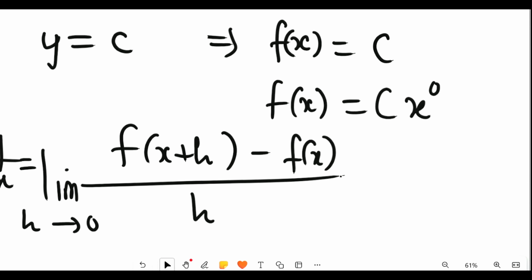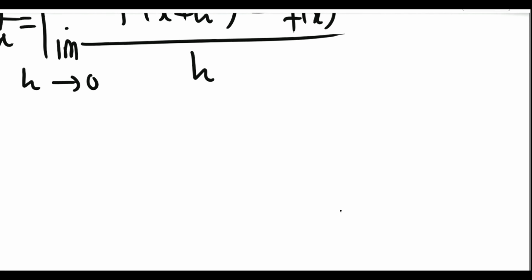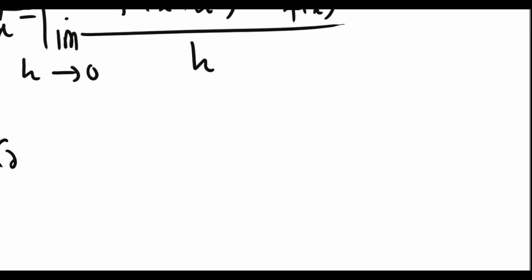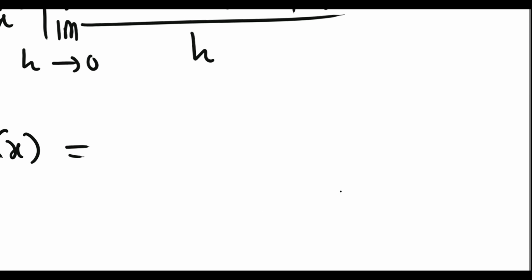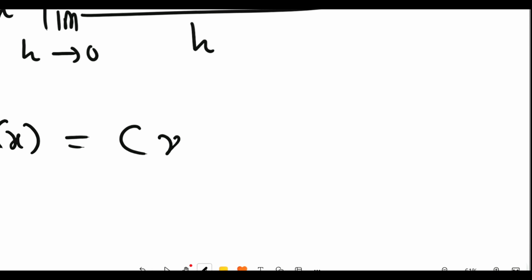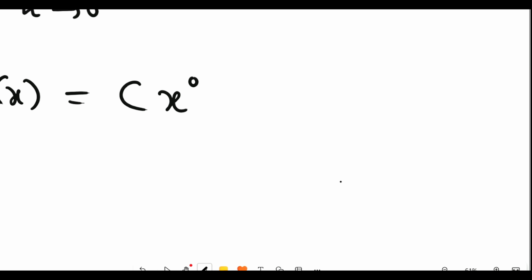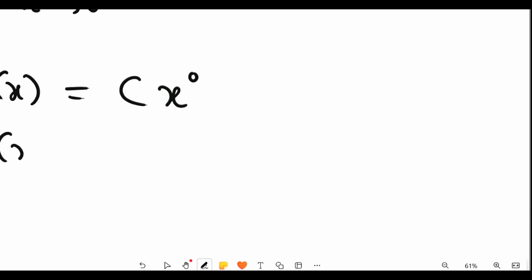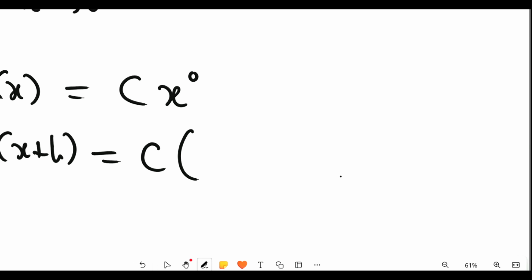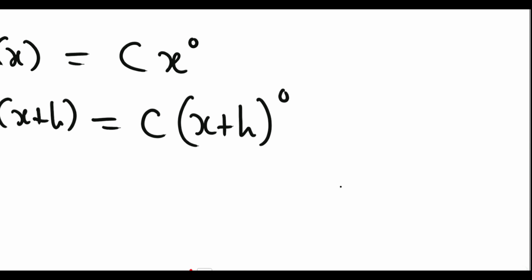All right, let us continue. So we know our original function, which is f of x, to be the same as c x exponent 0, and our f of x plus h will be equal to c multiplying, wherever you see x, you replace it with x plus h. So x plus h in bracket, all having an exponent of 0.